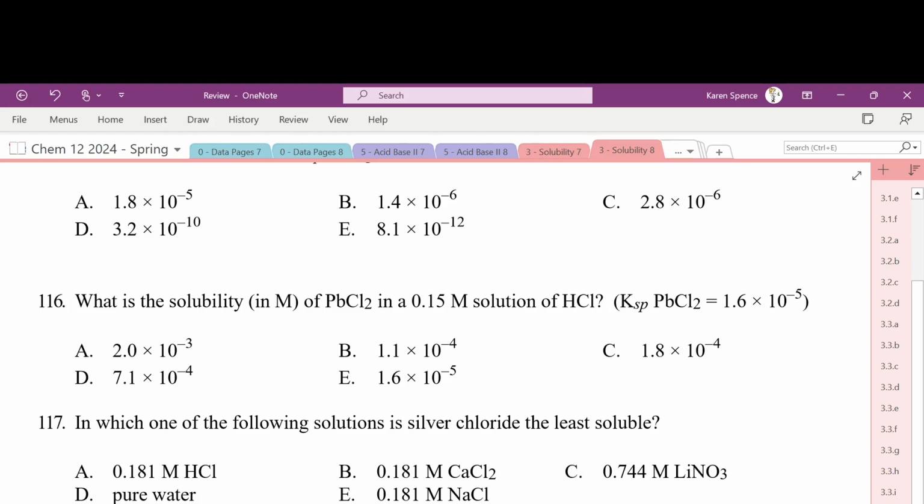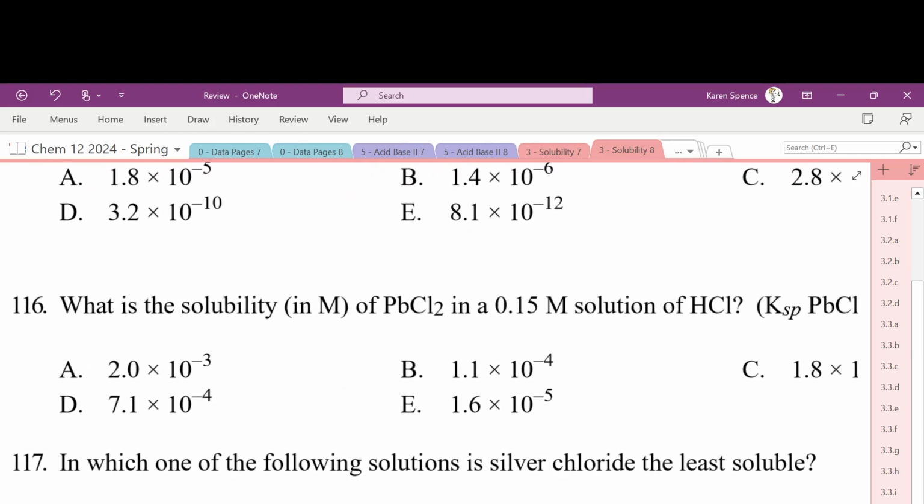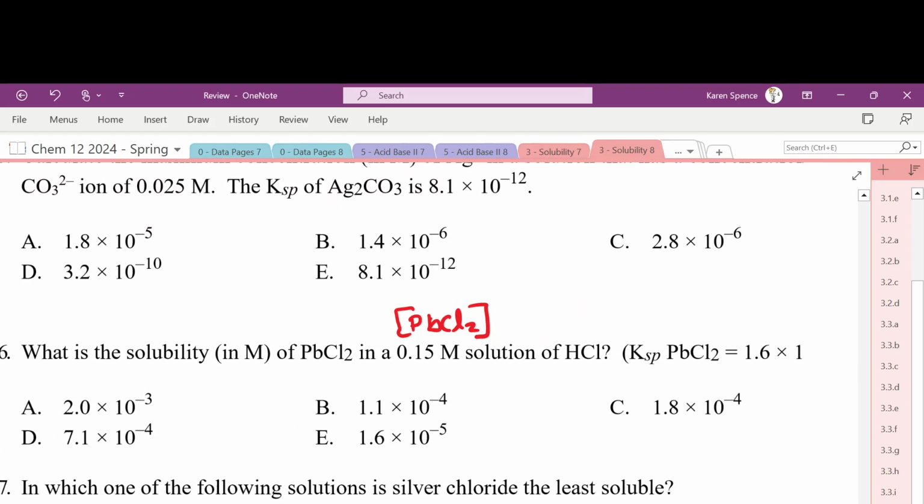Excellent. All right. What is the solubility of lead chloride in a 0.15 molar solution of HCl? So we want the concentration of PbCl2. So we know the KSP.